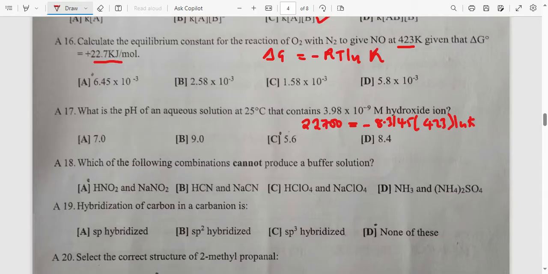The answer that we get now, we say 22,700 divided by that answer. So that will give me natural log of K being equal to negative 6.454. And then now that's when we'll say e to the power of that number.